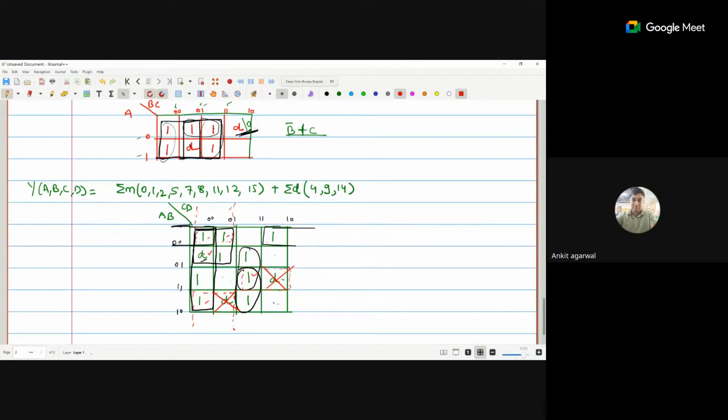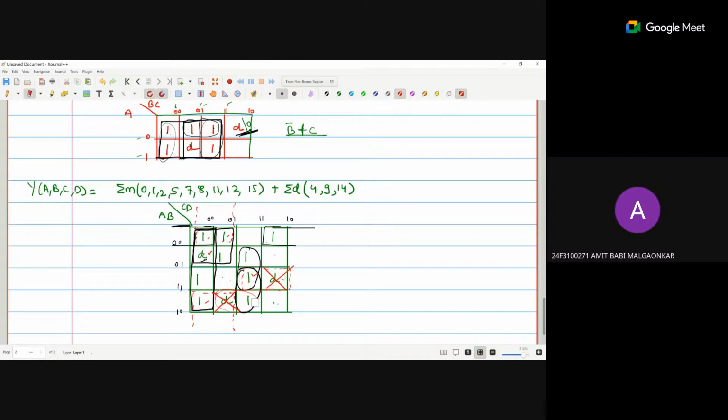Here, in the third column, we have the top two, and then we can also take one and D in the bottom row. Yes, sir. You can consider that one, no issue.